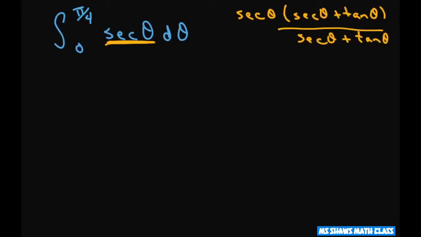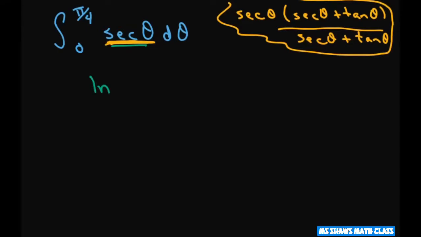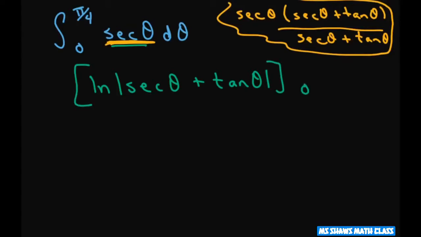So I did a video on that further, but you need to actually have this one memorized. So let's integrate this. Once you do all that, it's going to end up being ln of the absolute value of secant theta plus tan of theta, and then this is going to go from 0 to pi divided by 4.